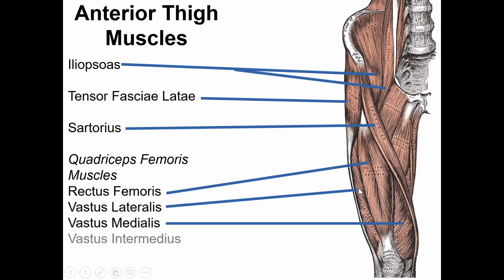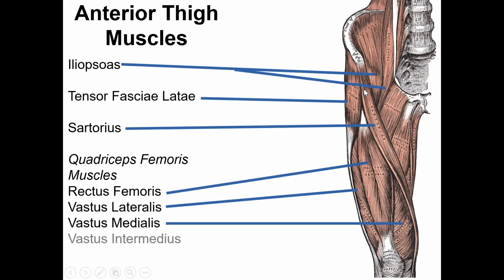The second is vastus lateralis, this bulky muscle on the lateral aspect of the thigh, and then vastus medialis on the medial aspect of the thigh. And then if we were to peel away rectus femoris, we would see vastus intermedius, which is a deeper muscle underneath these three.